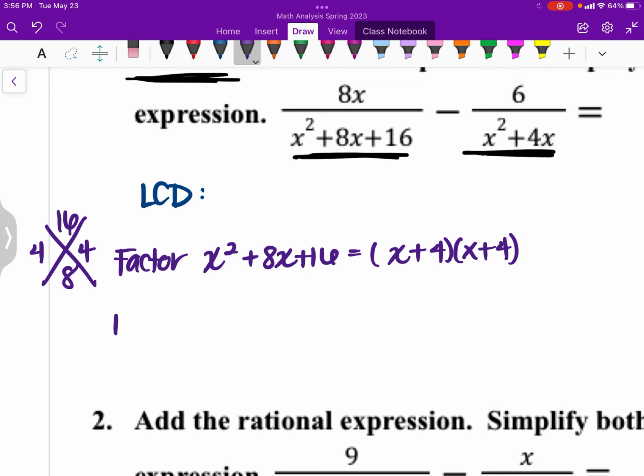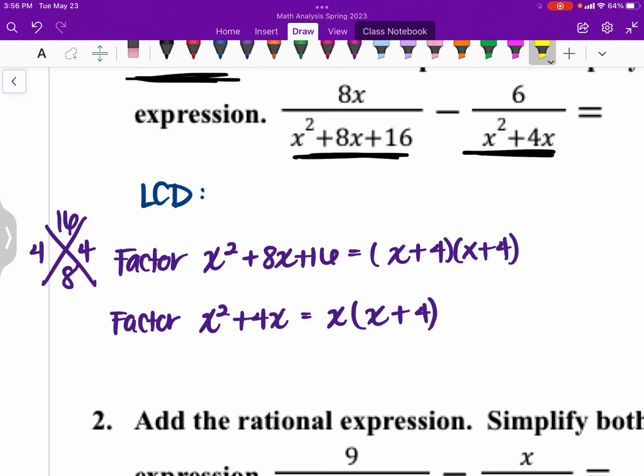Moving on to the next one, we want to factor x squared plus 4x. Although this is a binomial and the highest exponent is 2, I really can't use the diamond method on this one. So I'll just factor out a GCF, and that would be the factored form of both of these.